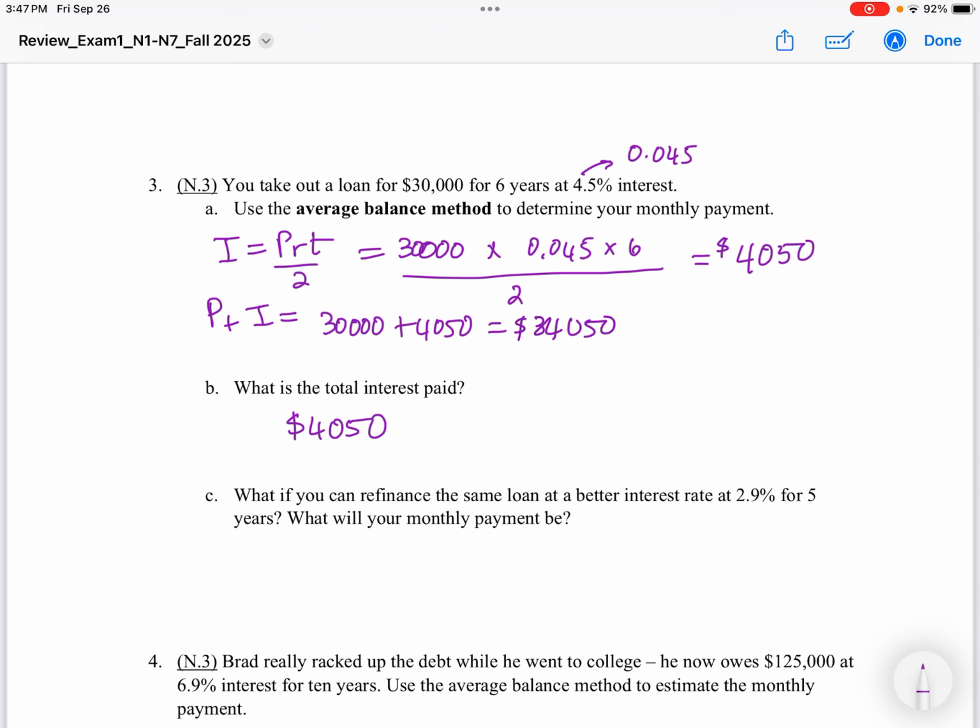So this is a total amount paid, but you're doing it over 6 years, and you need the monthly payment. So you do 6 times 12, which is 72 months, and then you divide this total amount, 34,050, by 72. And that gives us a monthly payment of $472.92.